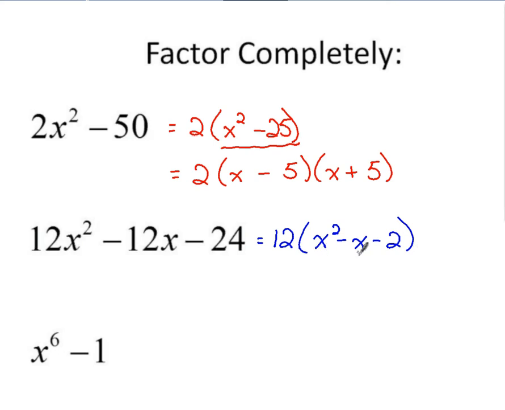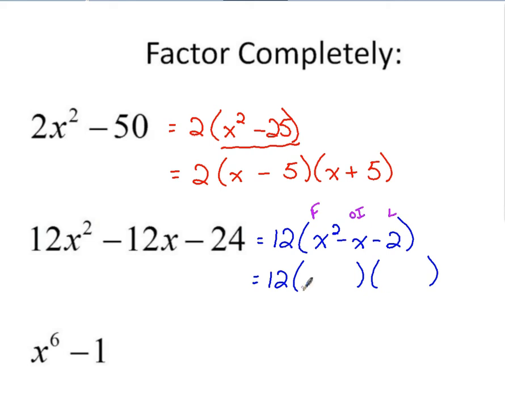Now with the x squared minus x minus 2, this takes us back to the last lesson. You've got this quadratic form here. Maybe you can reverse the FOIL process to come up with a factorization of x squared minus x minus 2. So recalling how we did that, remembering how these terms match up with FOIL, right?